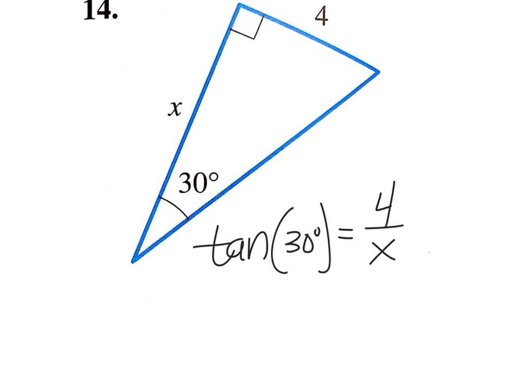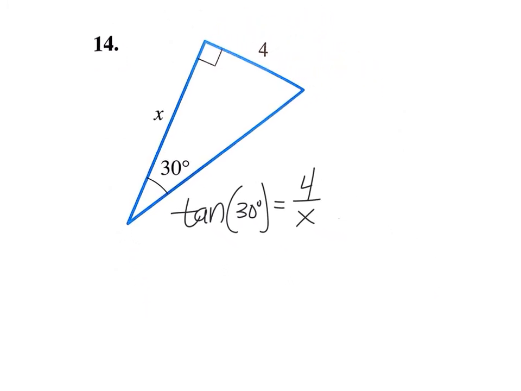And here, when we have that variable in the denominator, common mistake. Common mistake right here: divide both sides by 4 and call it good? No way. So we think about this as over 1, cross multiply. So x times tangent of 30 degrees is 1 times 4.